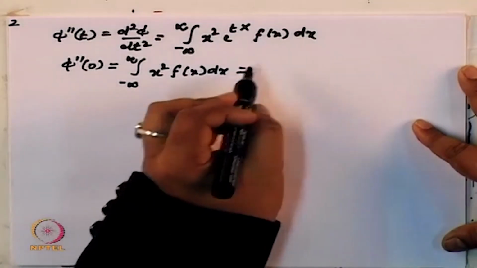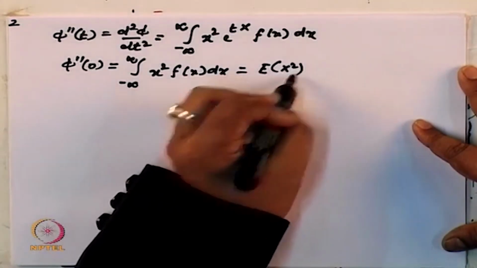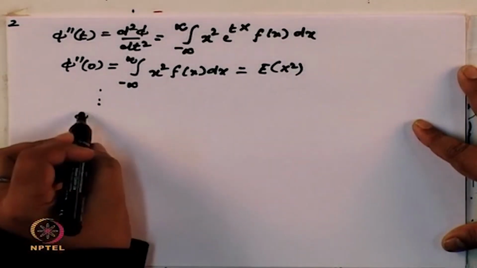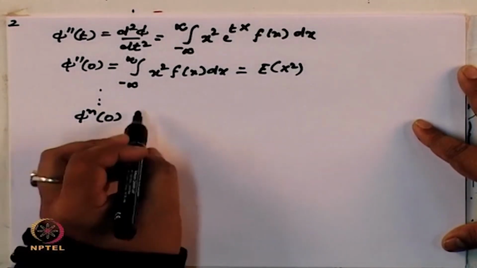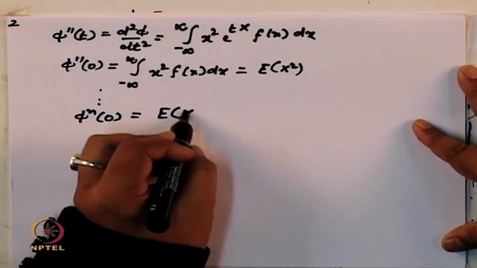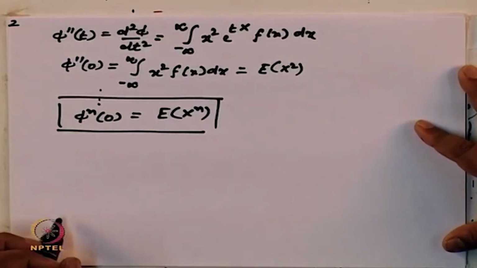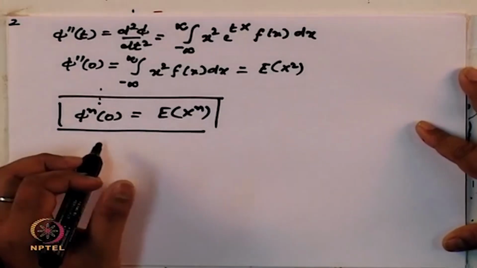What is this? This is nothing but the expectation of x square. So, if I continue like this, I will get the nth derivative at 0 equal to E of x to the power n. Okay. So, using these moment generating functions, we can calculate the expectation or variance of a population in the generic case.